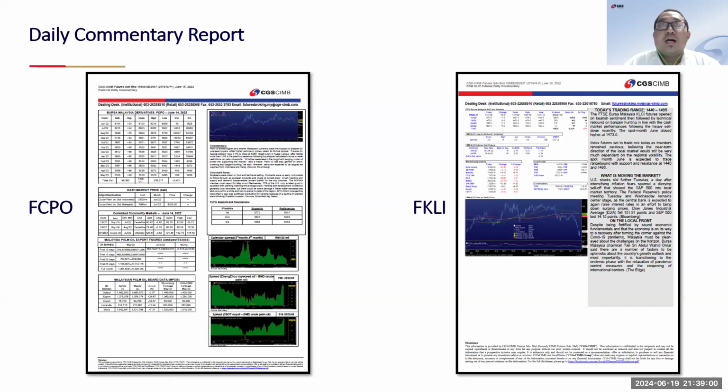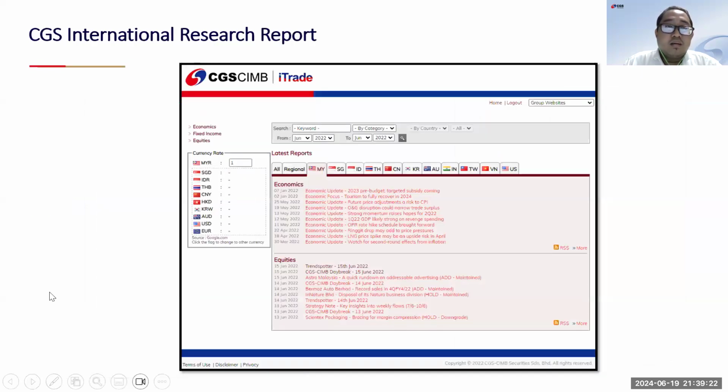So for this trading DVTC challenge, the client can ask for the commentary report during the challenge period, which is starting from the 1st August until the 30th August. The client also can get all the research reports from the iTrade website.